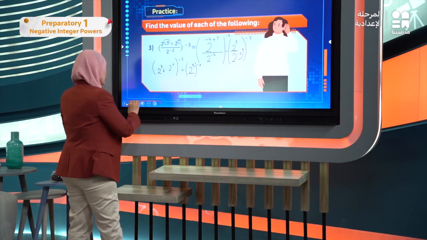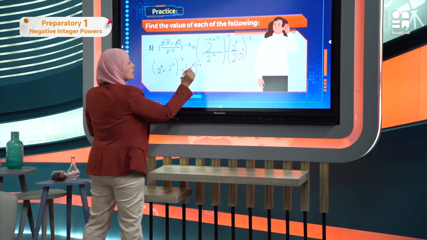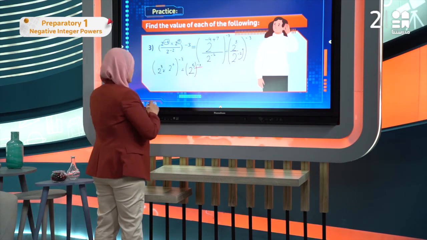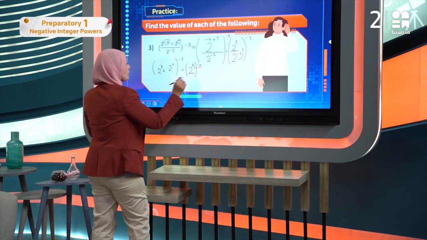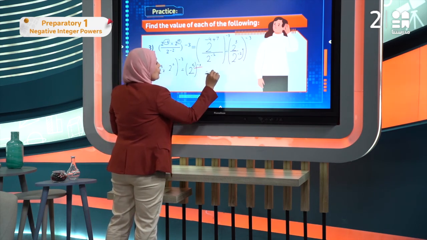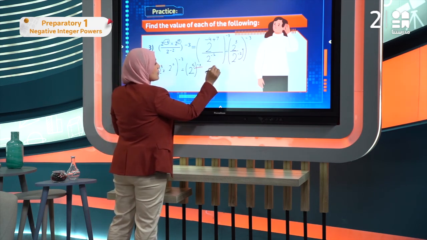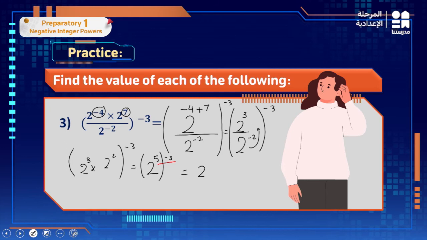Then I have two exponents above each other, so immediately multiply them, so it becomes 2 to the power of 5 times negative 3, which is negative 15, and then flip this fraction, so it becomes 1 over 2 to the power of 15.